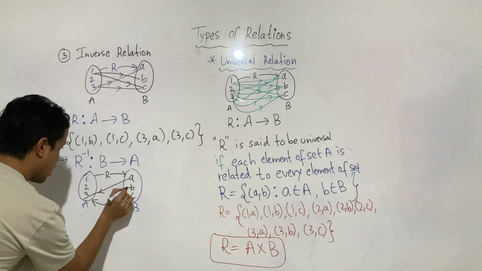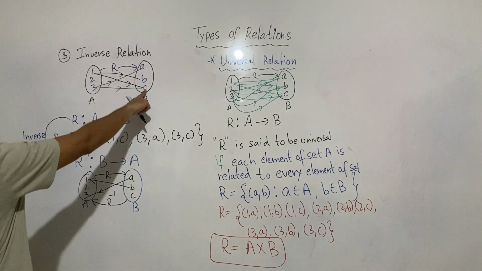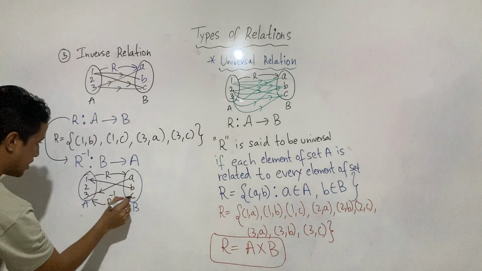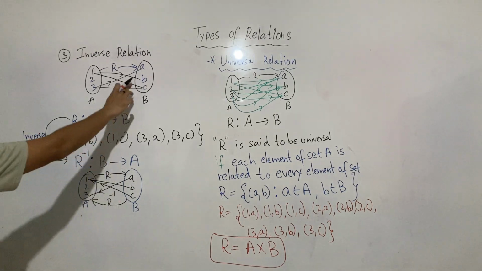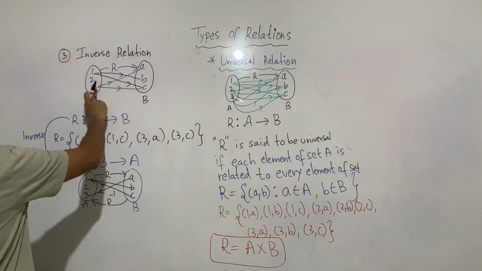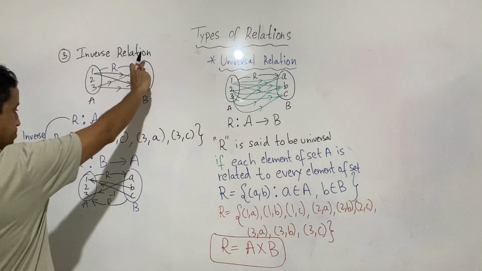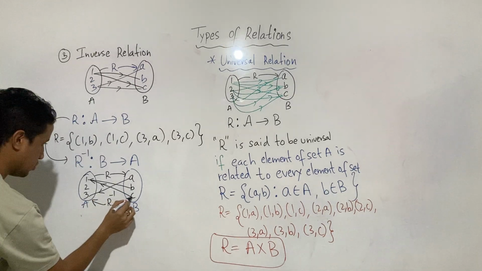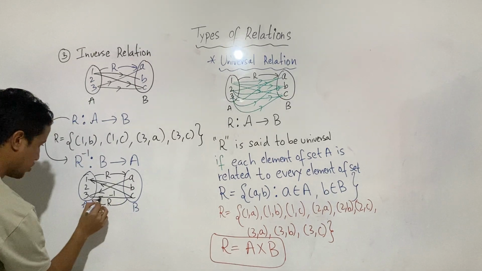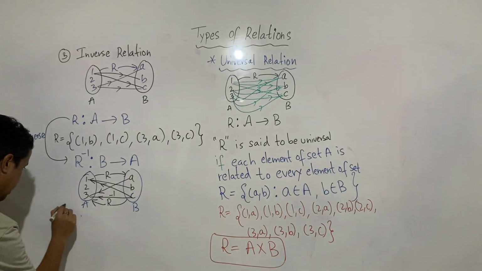B is mapped to 1, then C is mapped to 1. 3 was mapped to A and C, so C is also mapped to 3.